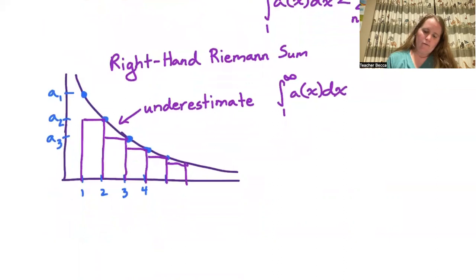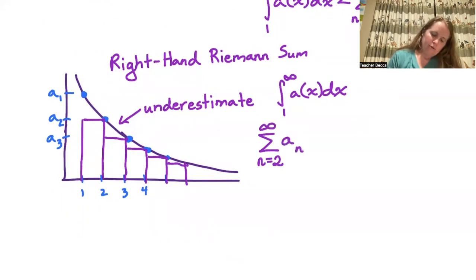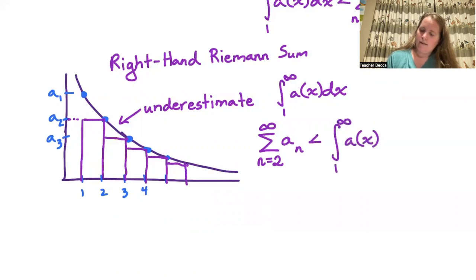And we have, therefore, this Riemann sum as the sum from n equals 2 to infinity of the area of those rectangles, so from n equals 2 to infinity of a sub n. Again, our first rectangle that we're using has height a sub 2. So this sum is less than the integral from 1 to infinity of a of x dx.